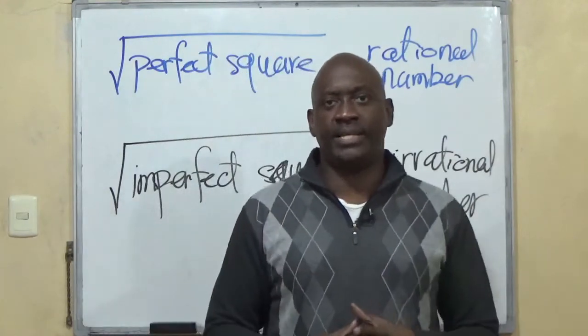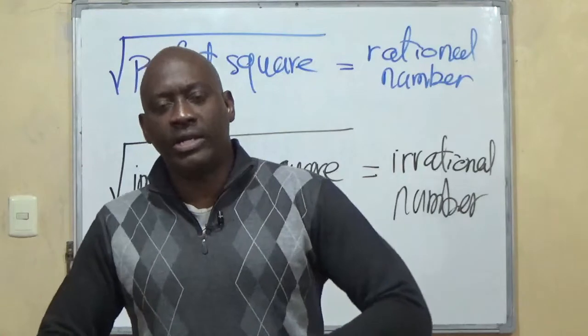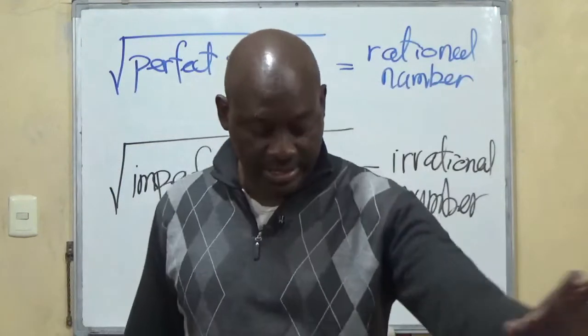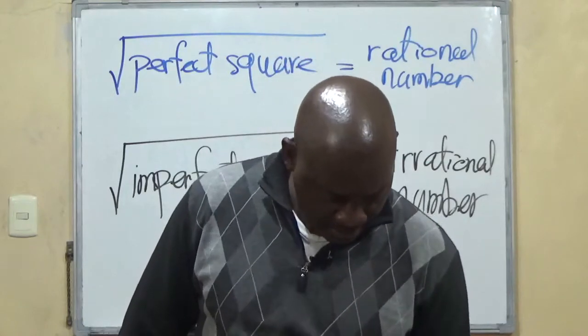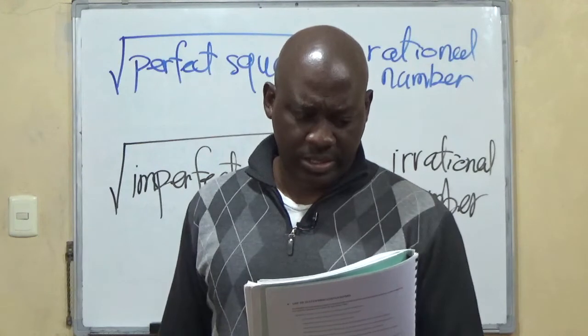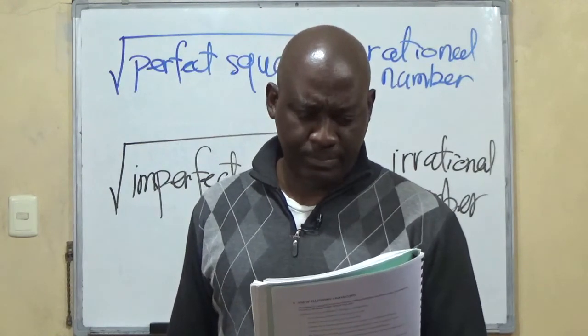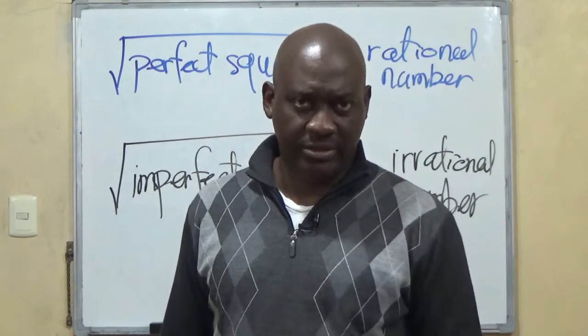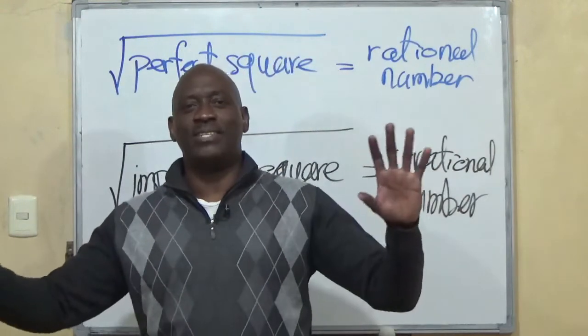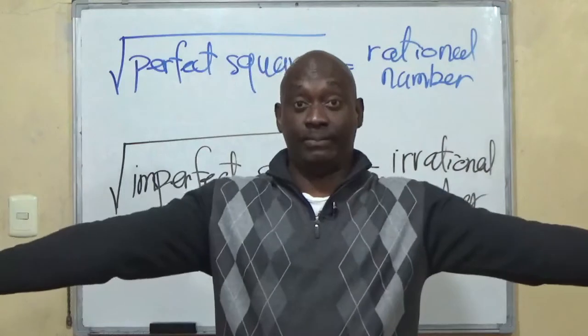We started at the beginning by saying that all real numbers could be divided into rational numbers and irrational numbers. Is 0 a real number? No, 0 is not a real number. Right? So real numbers, rational or irrational.